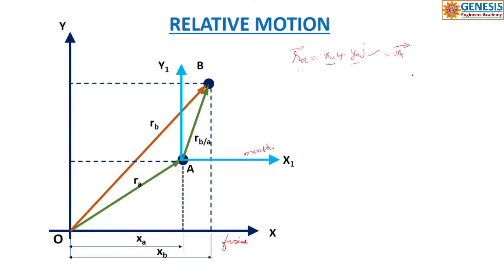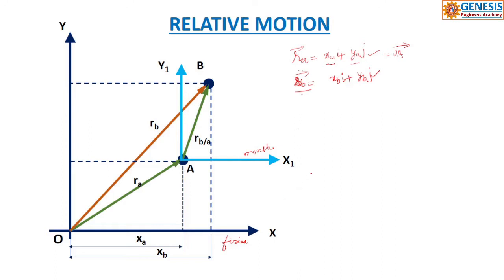Next, RB is equal to xb i plus yb j, like that. This is XB and this is YB. So this is a vector. This vector can be written by showing an arrow mark on top, or otherwise a bold capital letter. So this is with reference to the fixed axis or fixed frame.